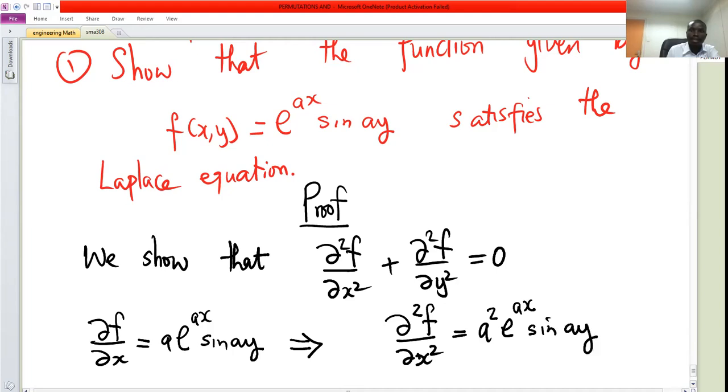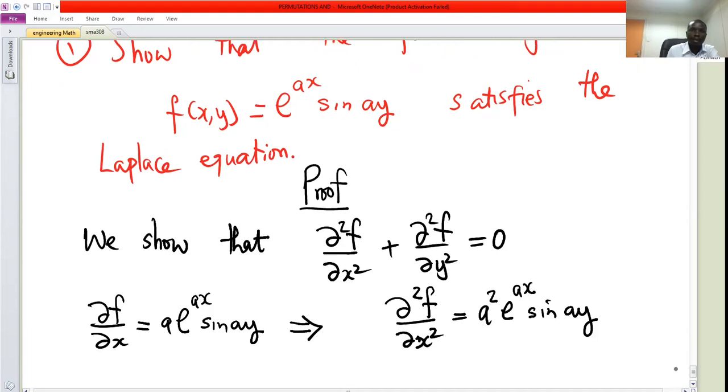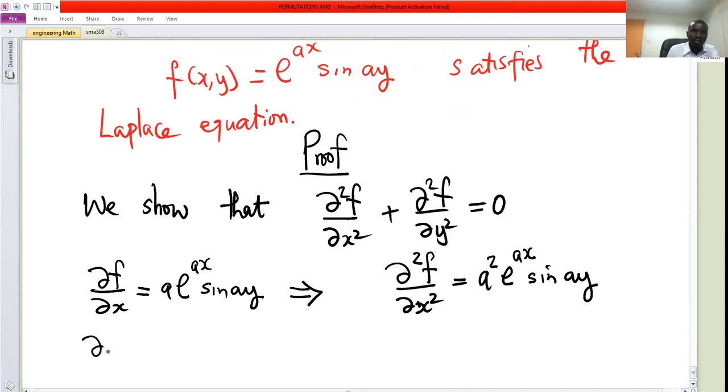So that is with x. Now let's go to y. So partial f partial y will be, this is the only function that has y, so also use chain rule. So differentiate this part with respect to y, we get a, then pre-multiply by this. And you know, when you differentiate a sine function, you get a cos function.